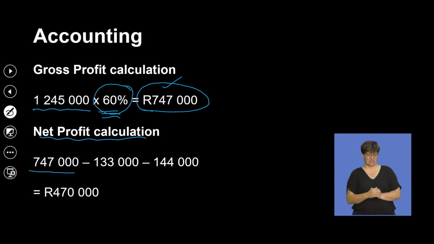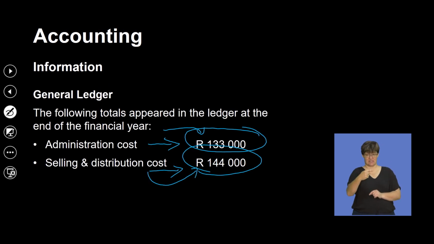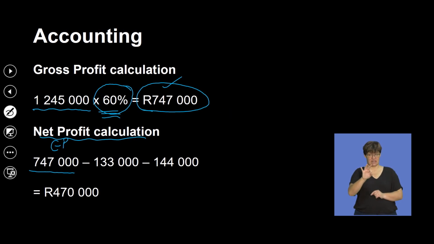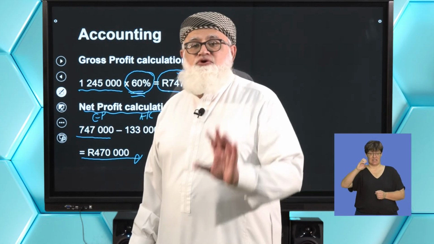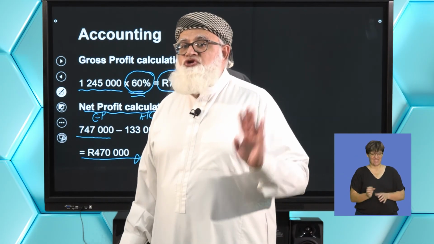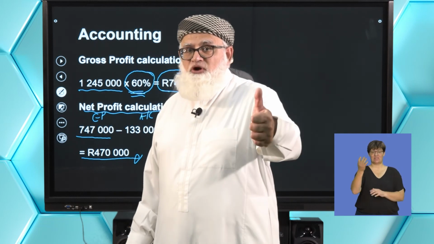Therefore, we take that gross profit, your GP, minus your admin cost of 133 and your selling and distribution cost of 144 to give you a net profit of 470,000.